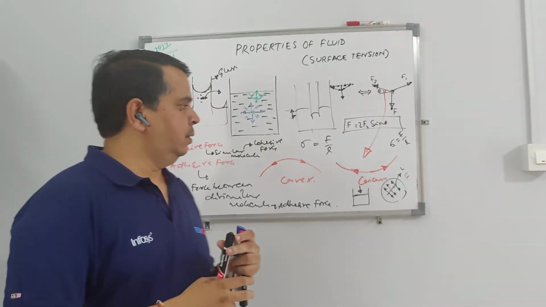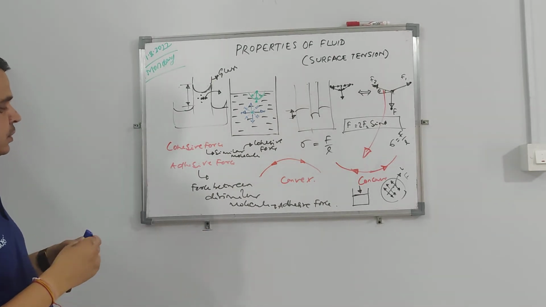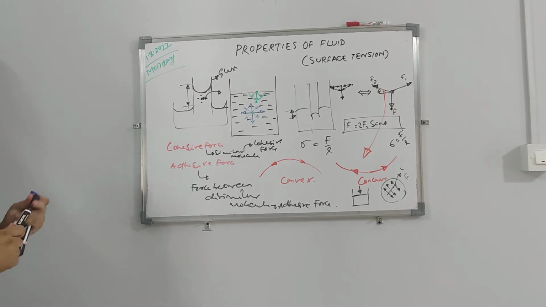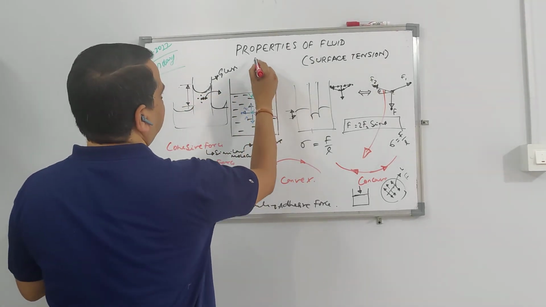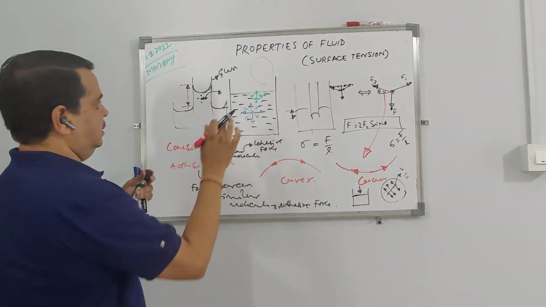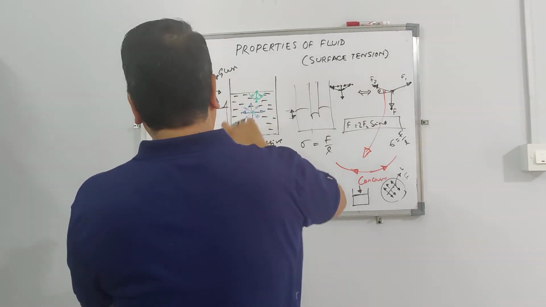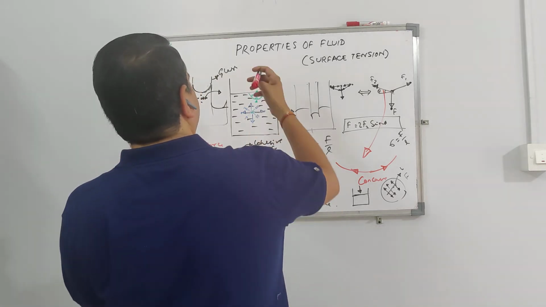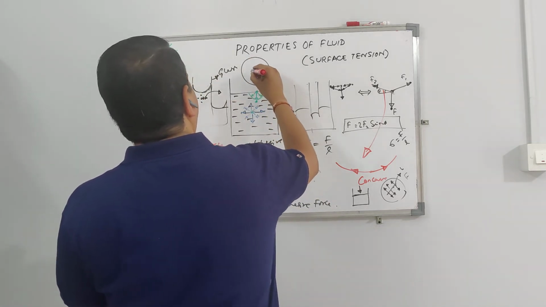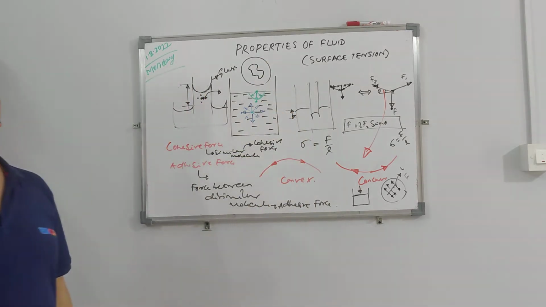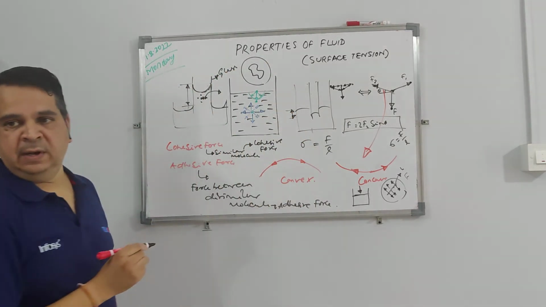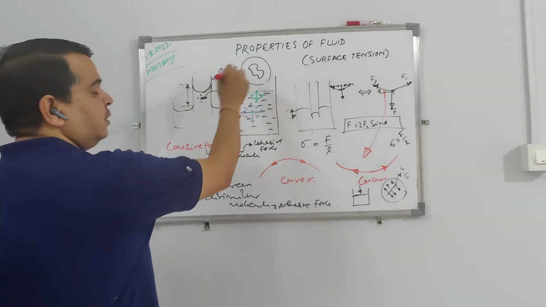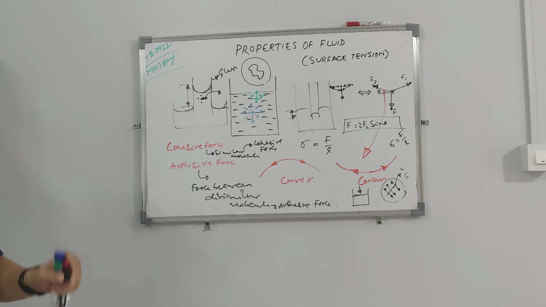Clear? And also you might have observed a soap film. You have a soap film and you put a thread on it, a circular or irregular shaped thread.